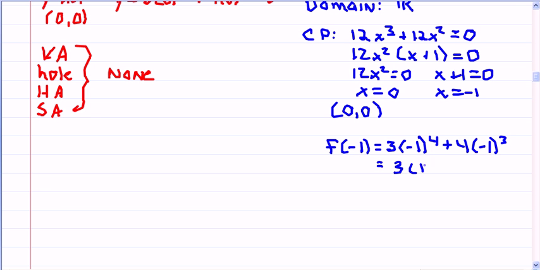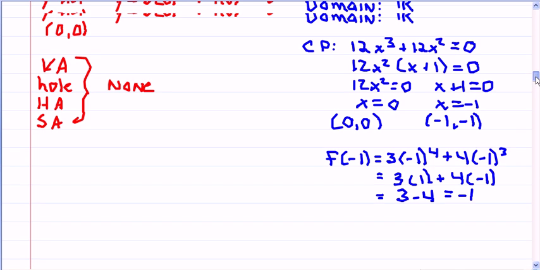So I have 3 times 1 plus 4 times -1. 3 minus 4 is equal to -1. So the other critical point is (-1, -1).